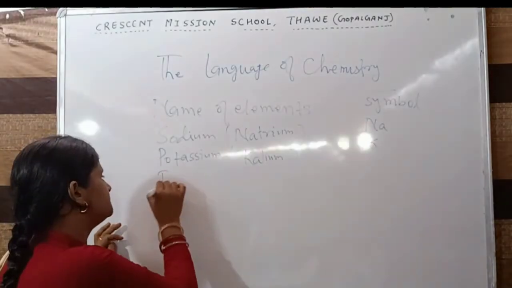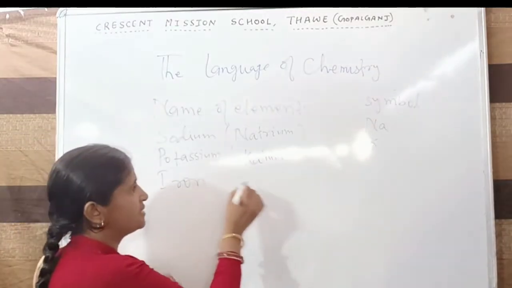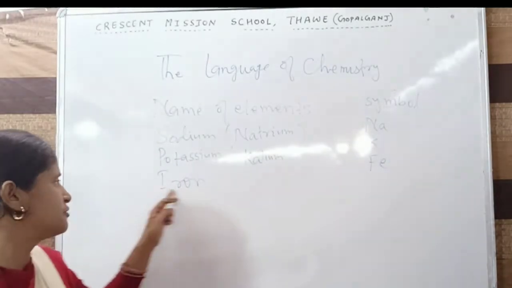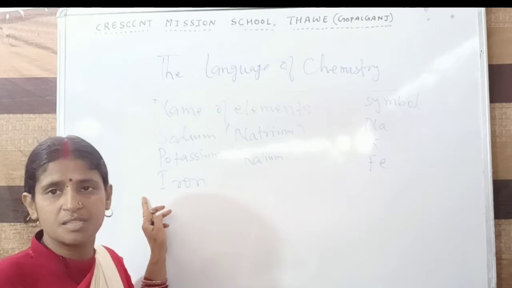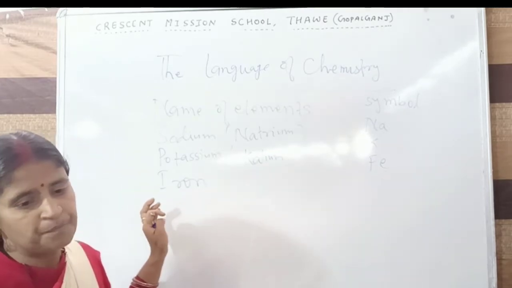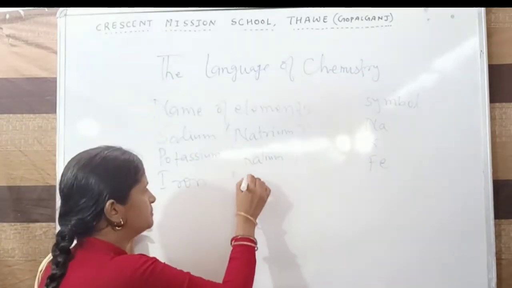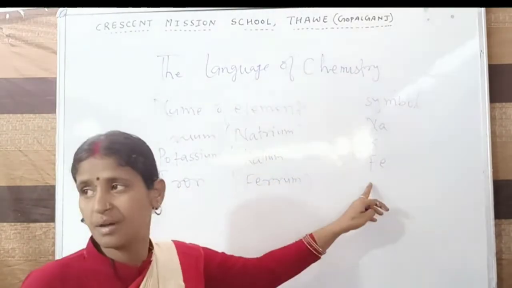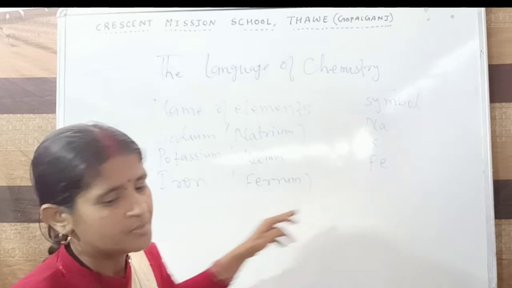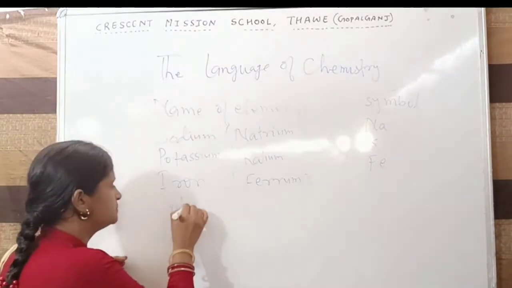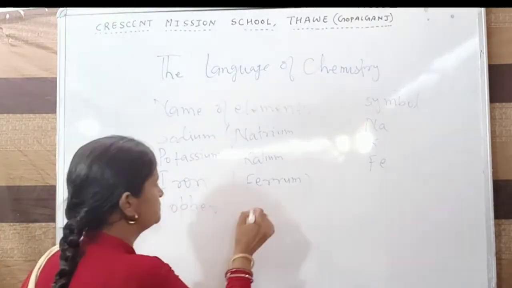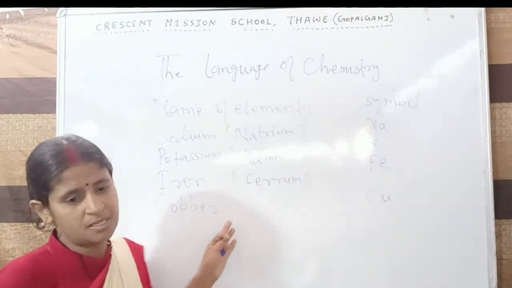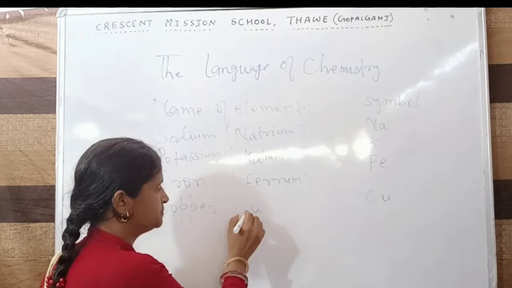Also iron, its symbol is Fe. It starts with I, but its symbol is not I, because its Latin name is ferrum. So its symbol is Fe. Again, copper, its symbol is Cu, because its Latin name is cuprum.